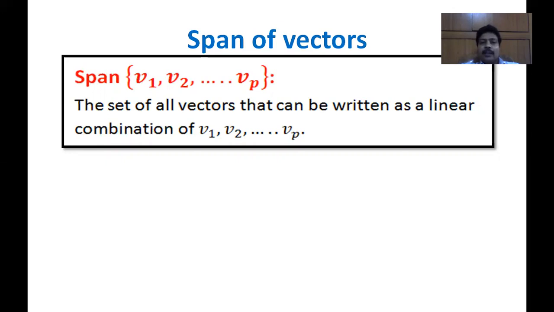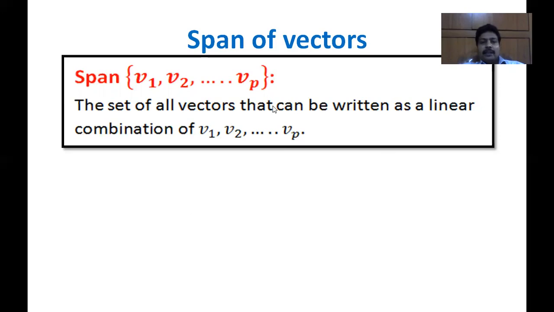But here there are some limitations, that those scalars must be from a field. So the definition is much broader here. So the set of all vectors that can be written as a linear combination of v1, v2 and so on vp is the span of v1, v2 and so on vp.